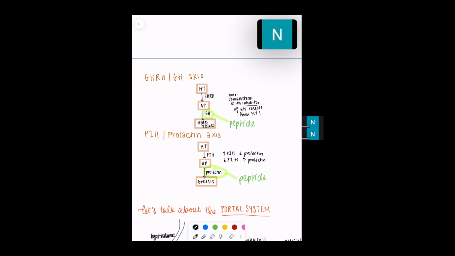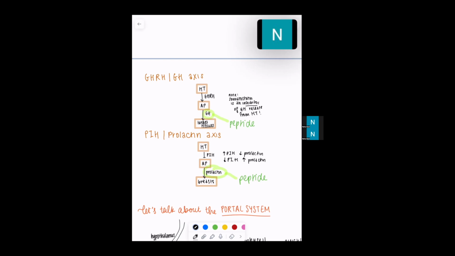So the last axis I want to bring your attention to today is prolactin and the prolactin inhibitory hormone. This is slightly different than the other axes we've explored because typically what I've shown you so far has been hypothalamus secreting a releasing hormone, and then that releasing hormone stimulating the anterior pituitary to secrete a target hormone to target tissues.